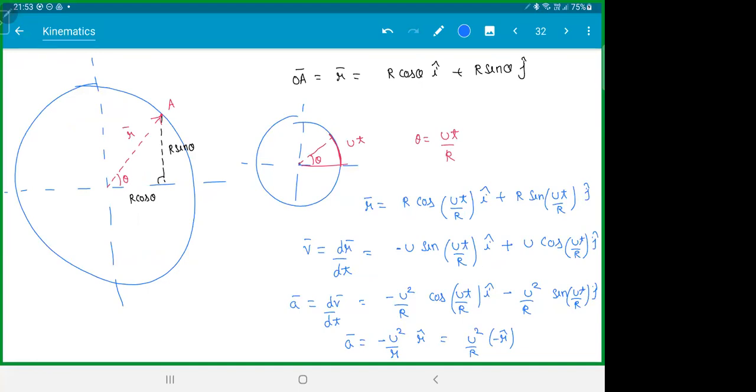Once you have that, it is simply finding the coordinates and then differentiating twice to get velocity and acceleration. Clear, everyone?